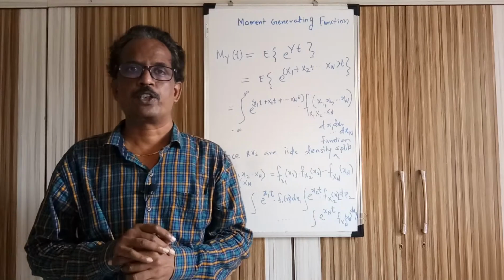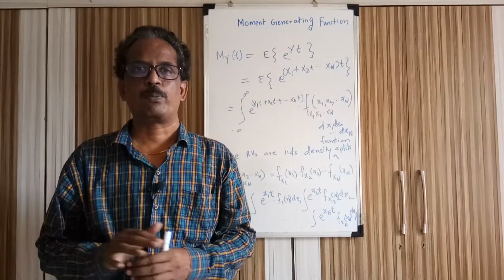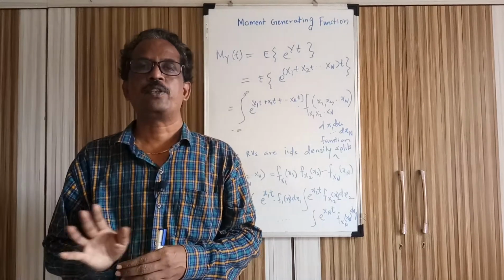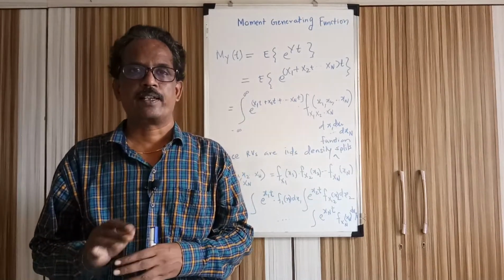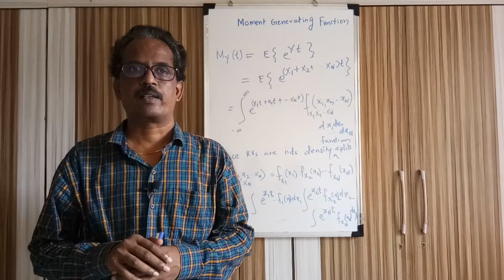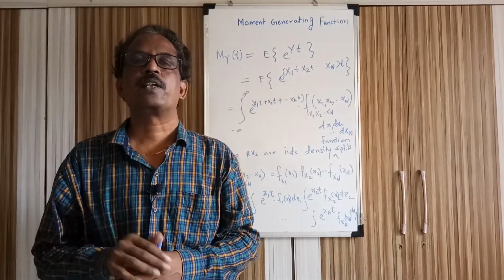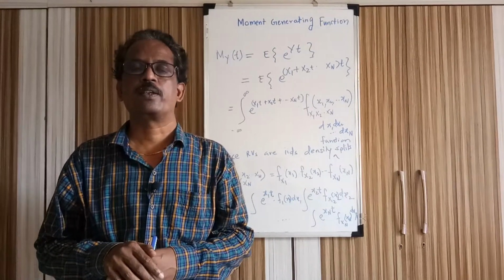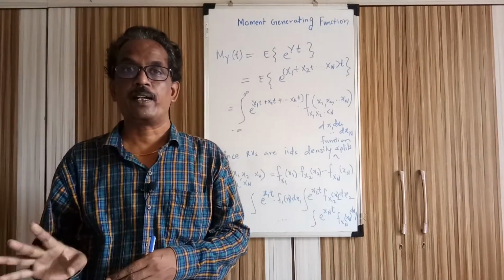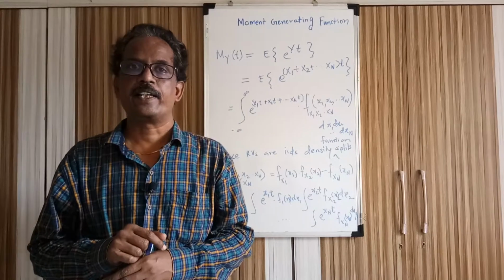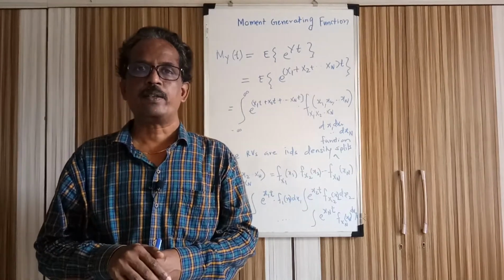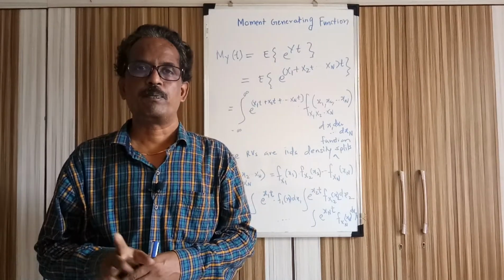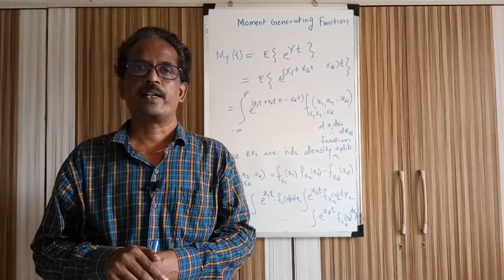Because of the splitting of the density function, there is a product of moment generating functions, and in this case they use the same distribution function, because the random variables which we have chosen are independent and identically distributed. IID means independent identically distributed. Every random variable has the same distribution and they are independent.